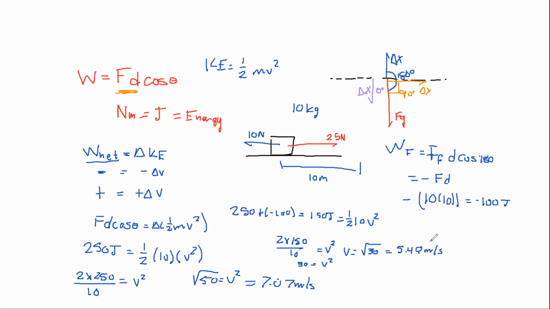So conceptually, I want you to think about this. Doesn't this make sense? The idea that friction will take energy out of the system, and that's why friction takes away speed. We've been talking about friction conceptually without ever talking about how it does negative work.